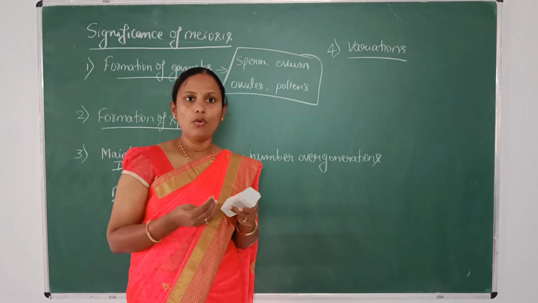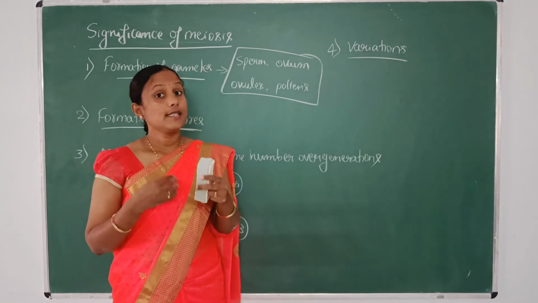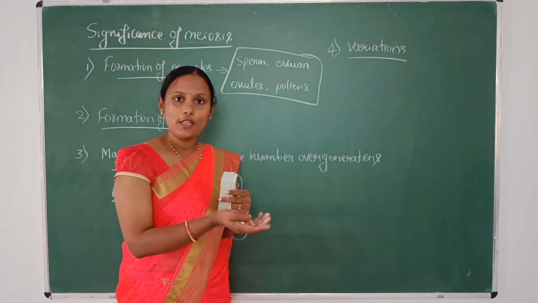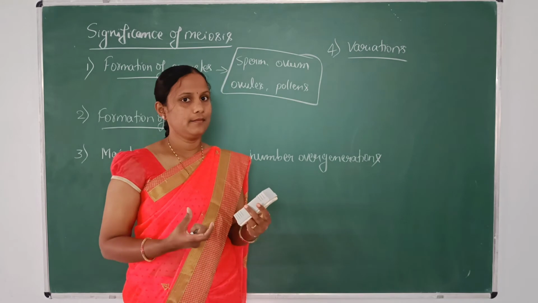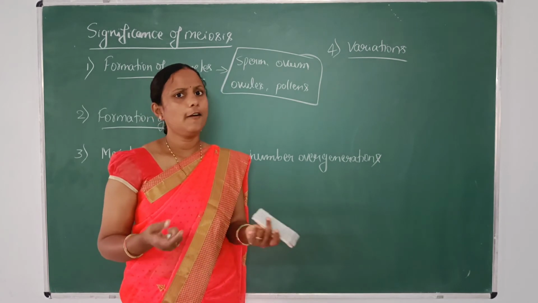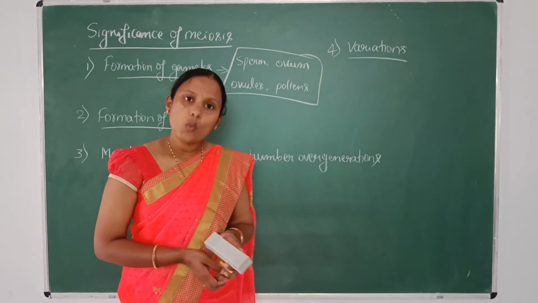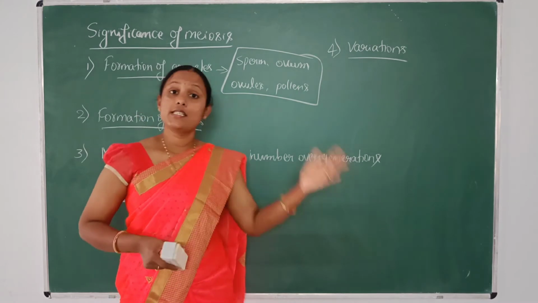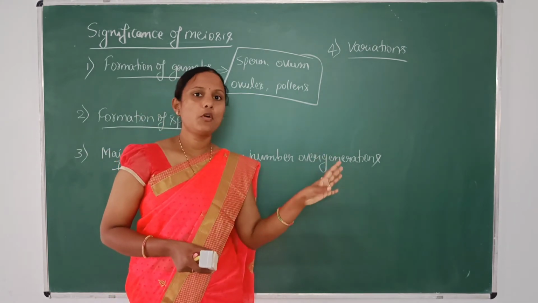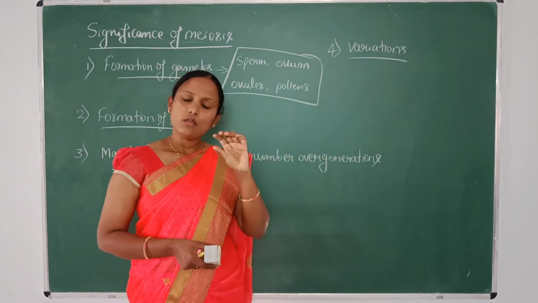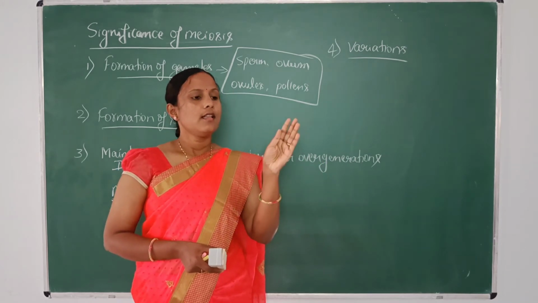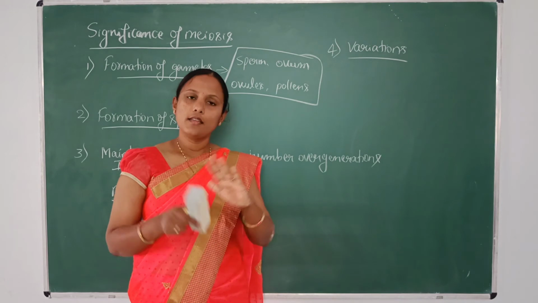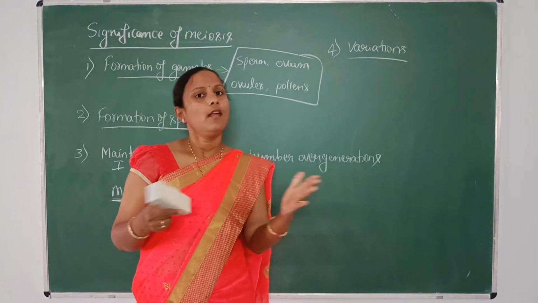Even though we received the same chromosomes from our father and mother, we will be appearing quite different. Yes or no? Yes, of course we are appearing quite different from our siblings also, except in homozygotic twins. In all other cases, the appearance of the siblings will be different.